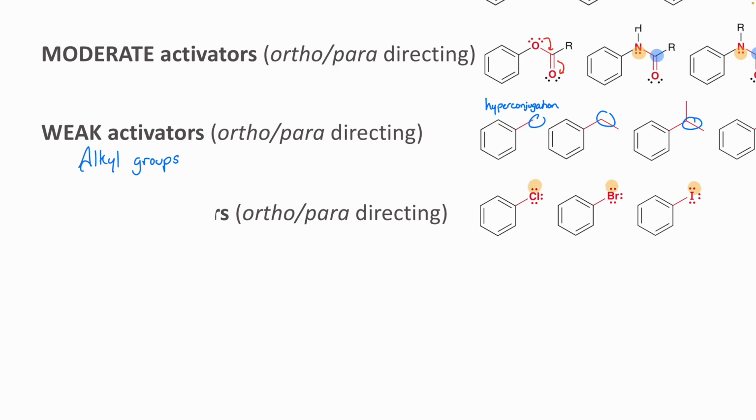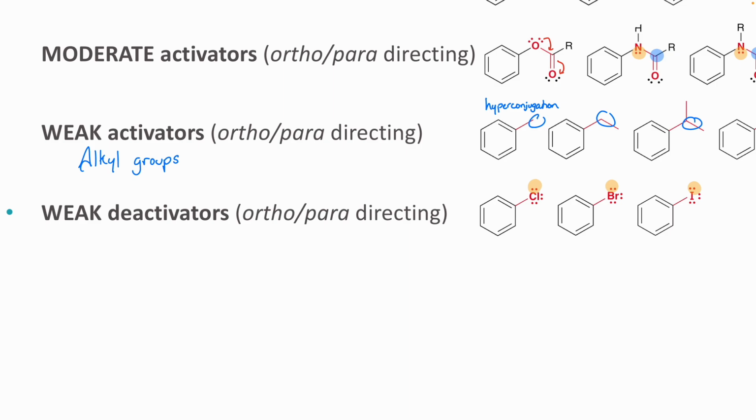But they're considered to be weak deactivators, meaning they proceed slower than benzene. These halogens have this push-pull going on. They have a lone pair that they can donate to the ring, but halogens are also extremely electronegative. So through something called induction, they're also withdrawing electrons from the ring. They're doing both at the same time.